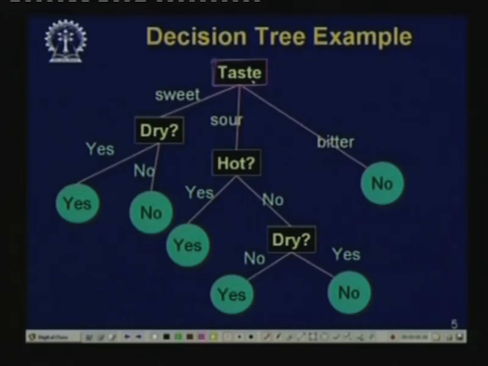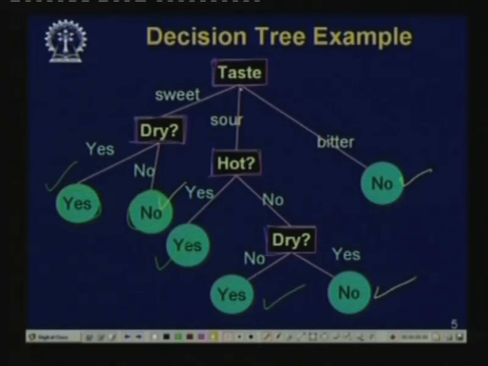This node looks at the attribute taste, this node the attribute dry, this node the attribute hot, and this node the attribute dry. Every leaf node corresponds to a classification. So, this and this correspond to yes values, and this and this correspond to no values.